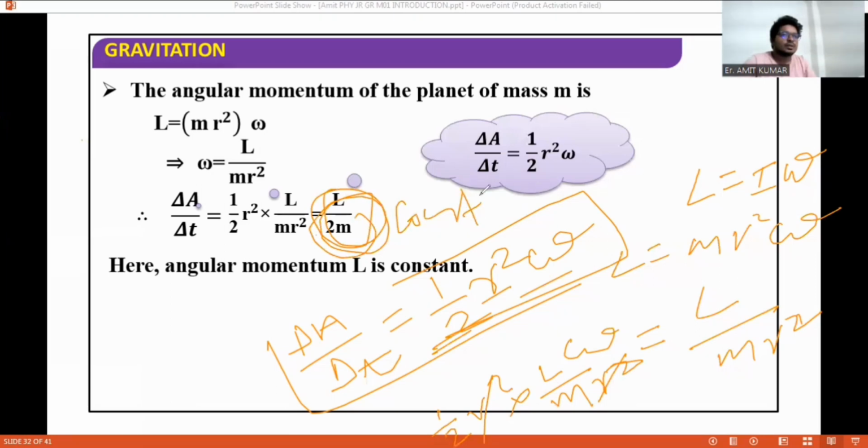L by 2m is always constant. Concept is clear? Did you enjoy the concept?